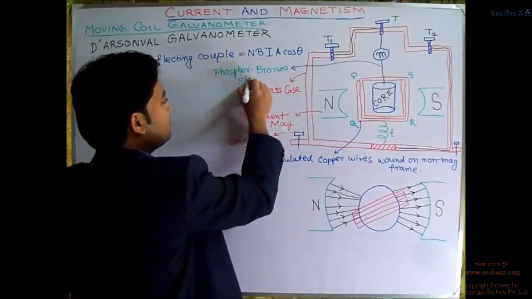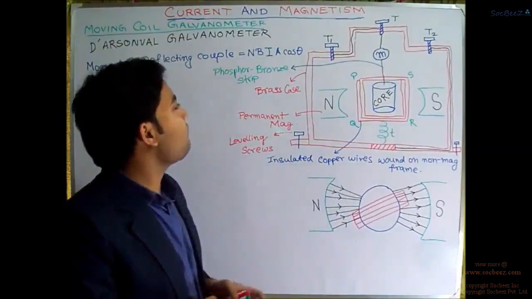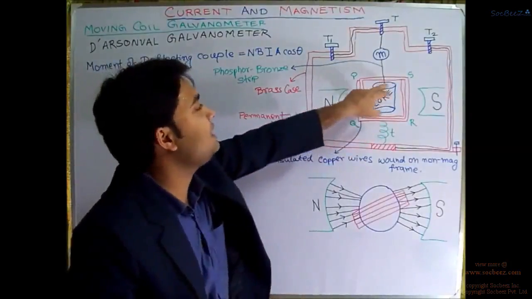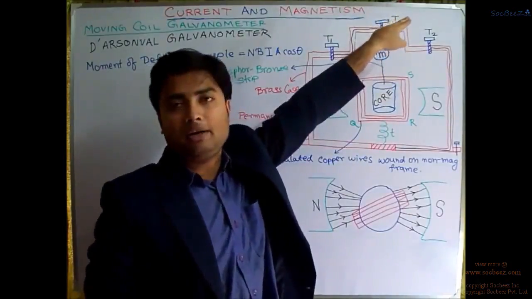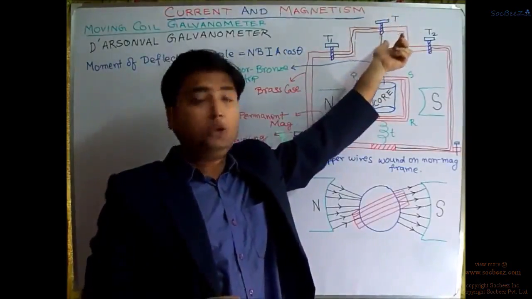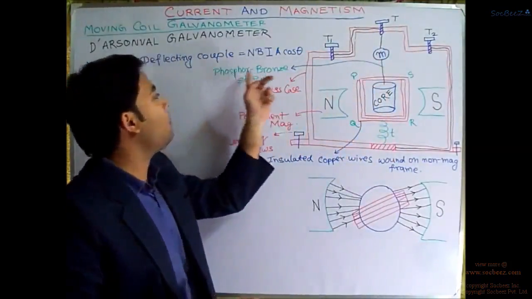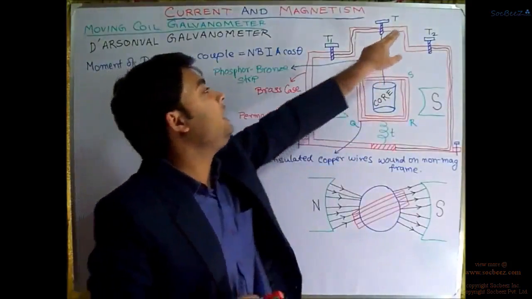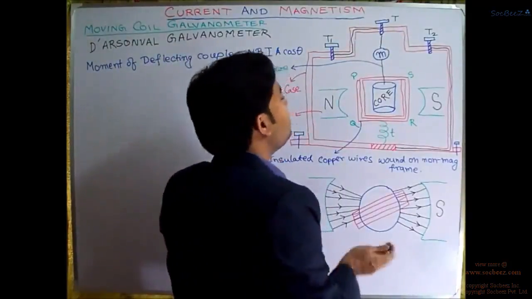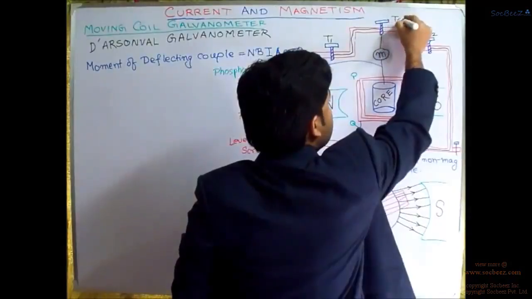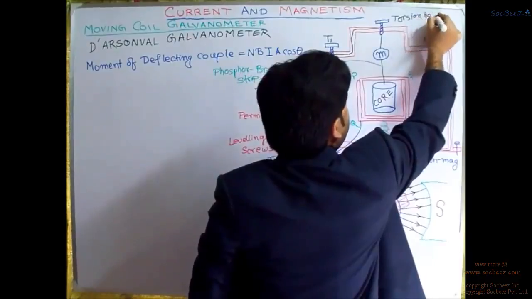And through this phosphor bronze strip, we can see that over here there is a screw, T, right? This screw T, to which this arrangement is hung with the help of the phosphor bronze strip, we call the torsion head. So we may call this T the torsion head.